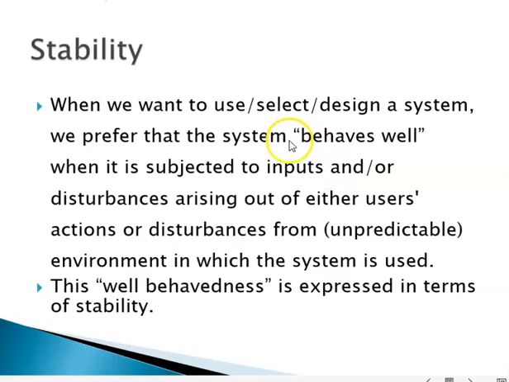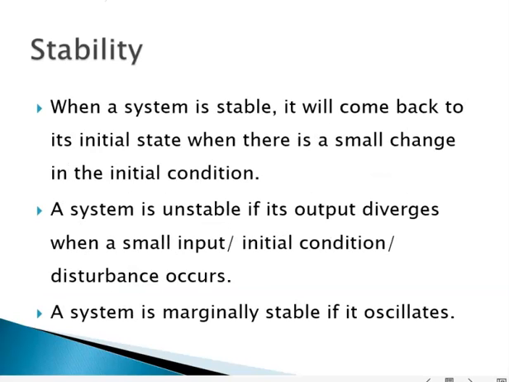In general terms, we want to have the system behave well when it is subjected to inputs and disturbances. This well-behavedness we express in terms of stability. We say that a system is stable if the system comes back to the initial condition when there is a small disturbance.